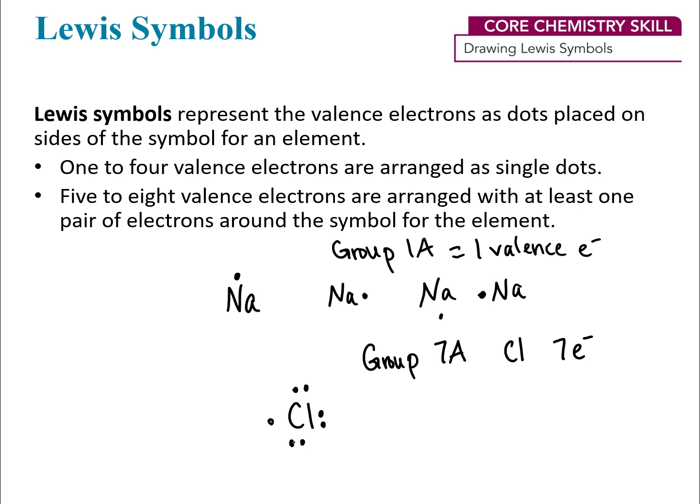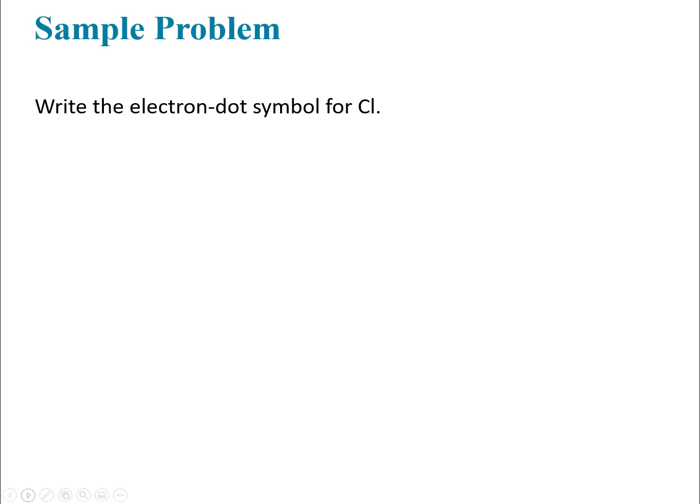So this would be an acceptable Lewis symbol for chlorine. And of course, I'm ahead of myself. I just wrote the electron dot symbol for chlorine. But again, we'll show it this way. That's the same thing. As long as you have 1 unpaired electron and all the others are paired, then you have 7 valence electrons.